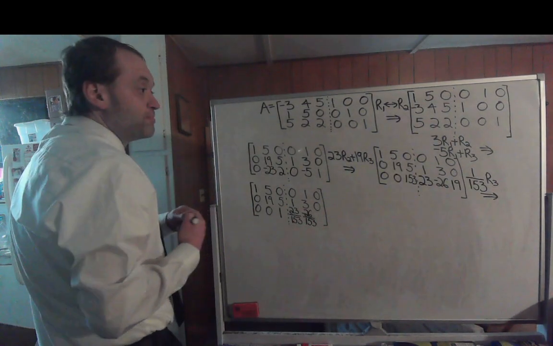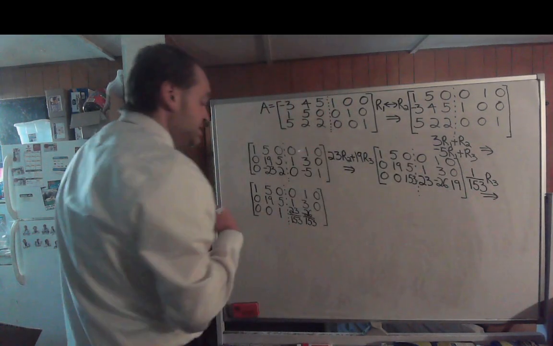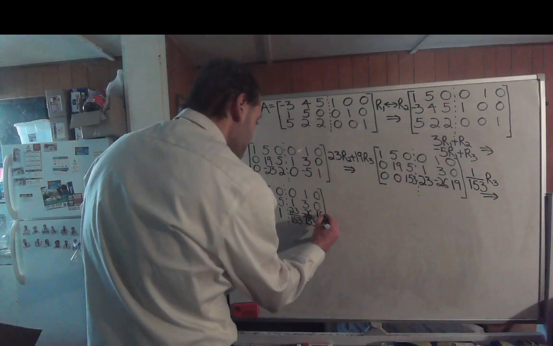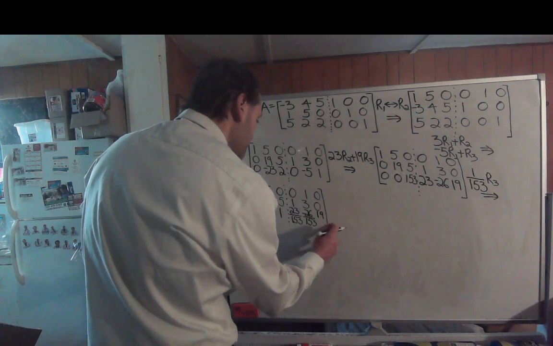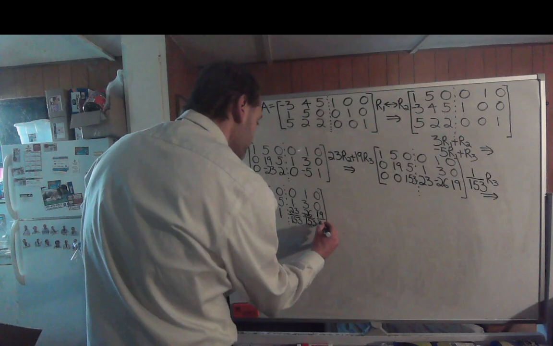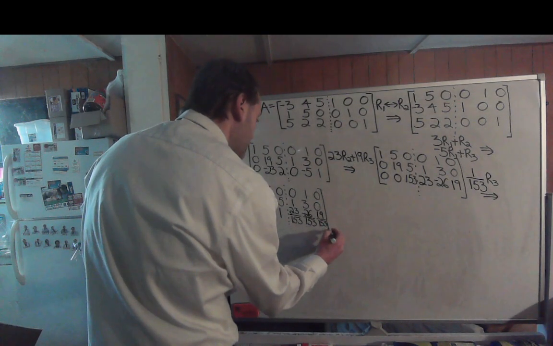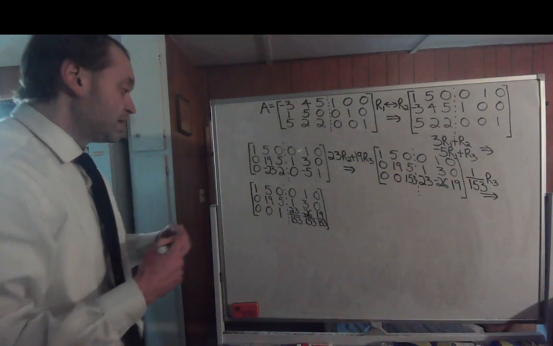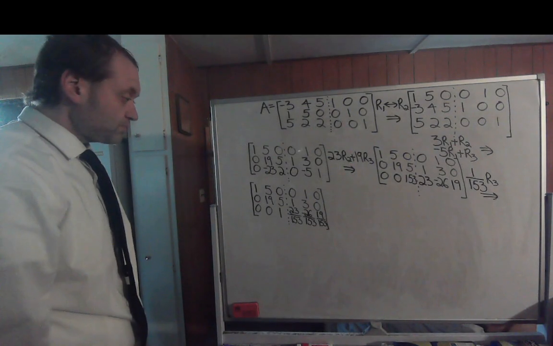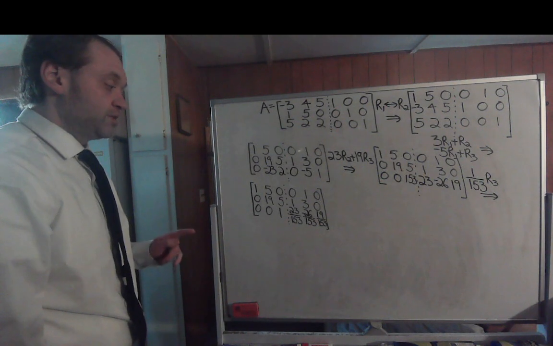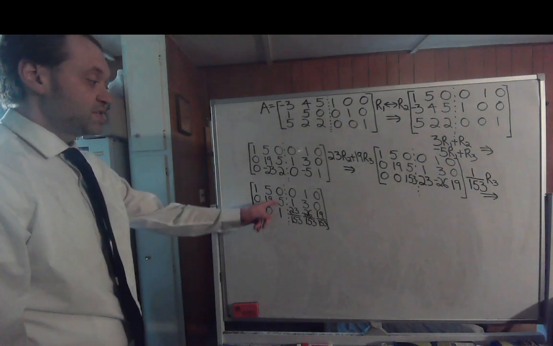And then 1 over 153 times 19, also not divisible by each other, would give you 19 over 153. Awful. It's just awful.